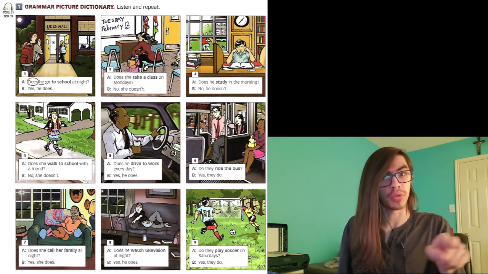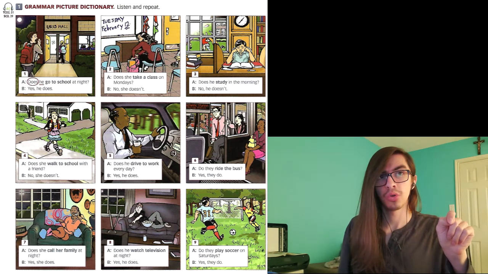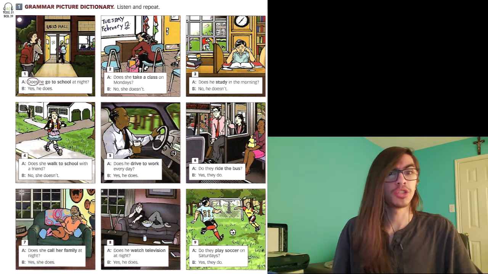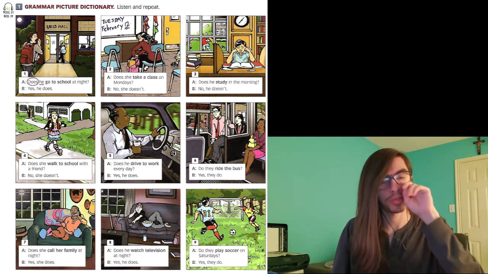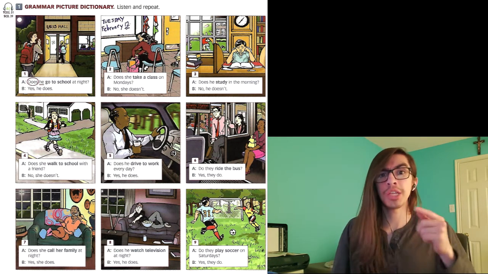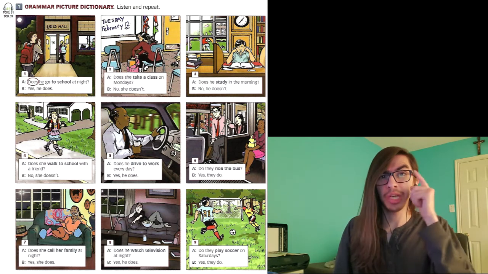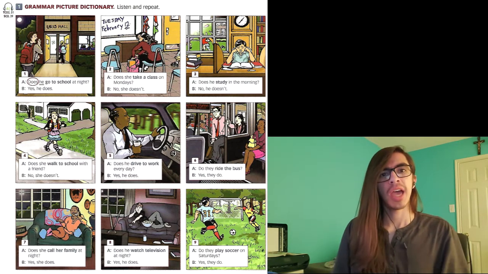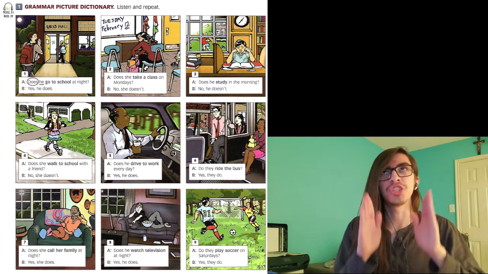And circle do or does, and underline el sustantivo, the subject. We're trying to see the pattern here, and it's really important that we look at the do and the does and el sustantivo. That's extremely important.